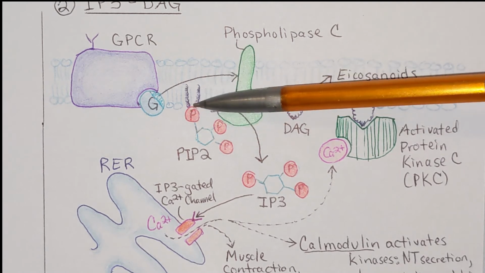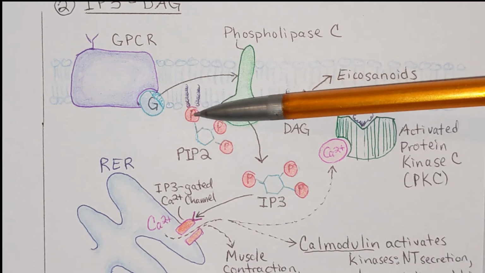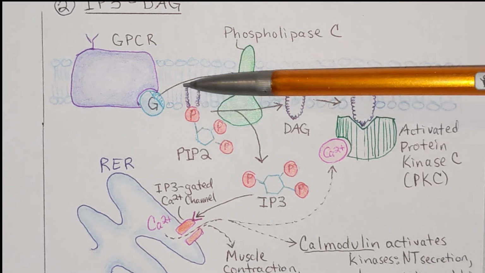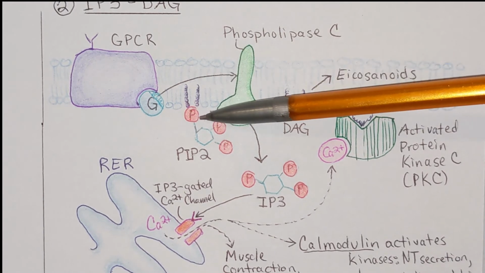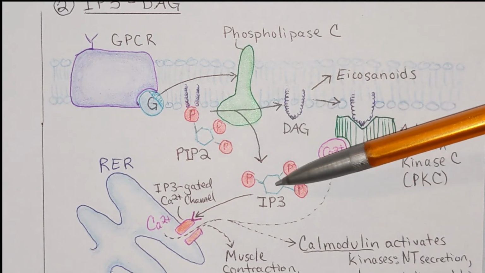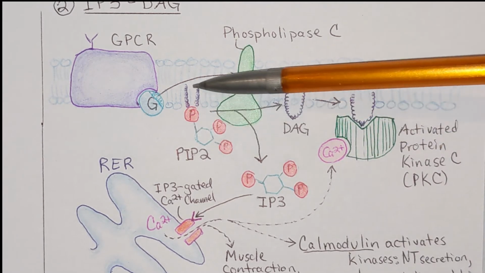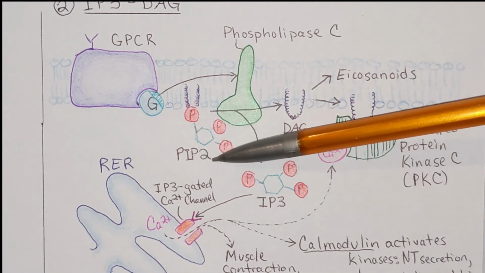That membrane is this right here. Note these are two fatty acids. Okay, here is a phosphate, so essentially very similar to a normal phospholipid so far. And it is also linked to this ring of carbons with a couple more phosphates. This molecule is called phosphatidylinositol bisphosphate, okay, or for short, PIP2.